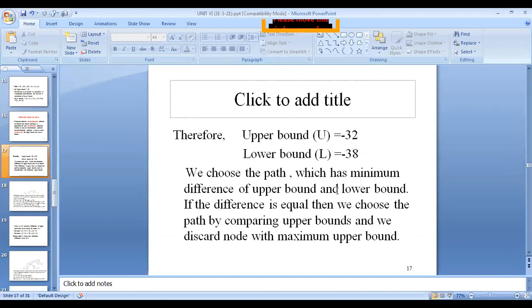We choose the path which has the minimum difference of upper bound and lower bound. The minimum difference, wherever it will be, we will consider that particular path. If the difference is equal, then we choose the path by comparing upper bounds and we discard the node with the maximum upper bound.